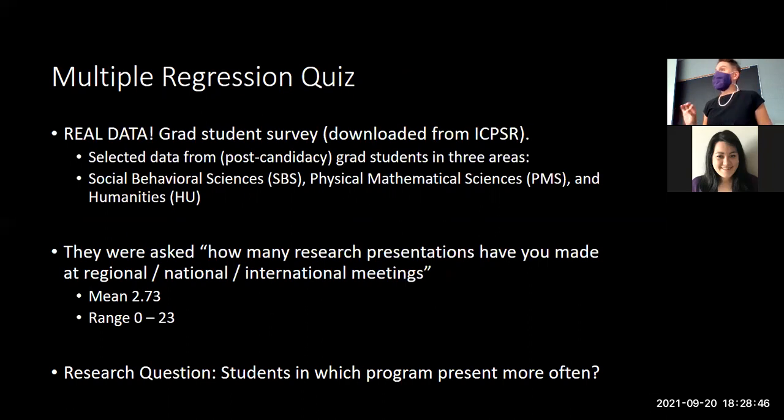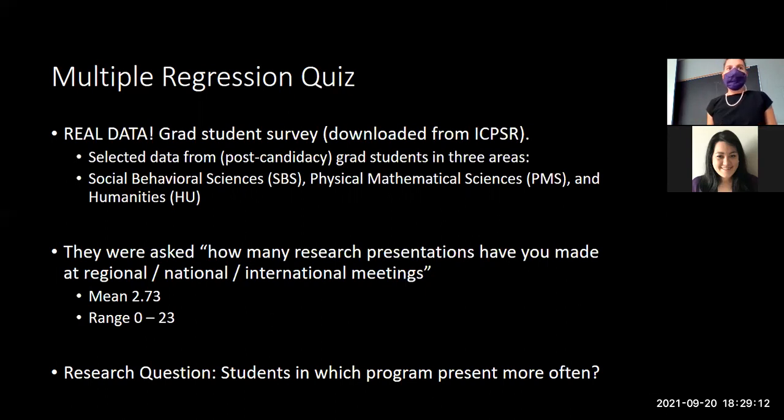This is real data. This is the same data set that I have for your example data if you would like to use the example data for your homework. So in this grad student survey, we have selected data from students who are post-candidacy in 3 different areas. I have social behavioral sciences students, I have physical and mathematical sciences students, and I have students in the humanities.